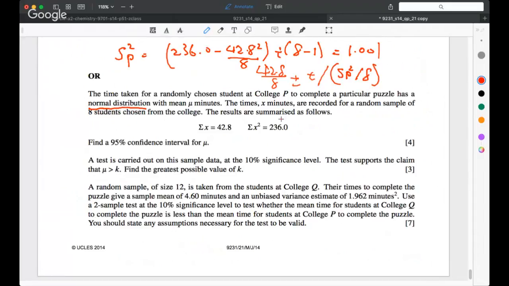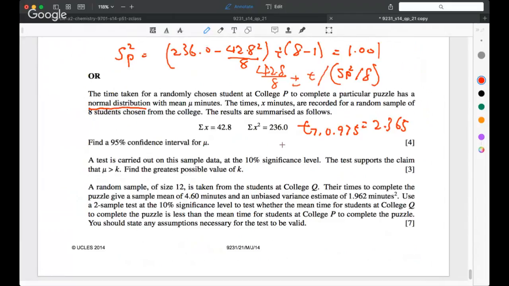And from the tabular value, we know that because this is a two-tailed test, if we need a 95% confidence interval, we need to find the tabular value for 7, 0.975, and that is found to be 2.365.